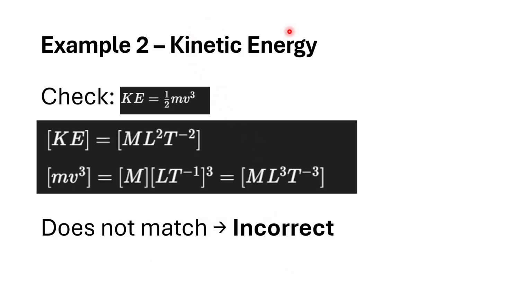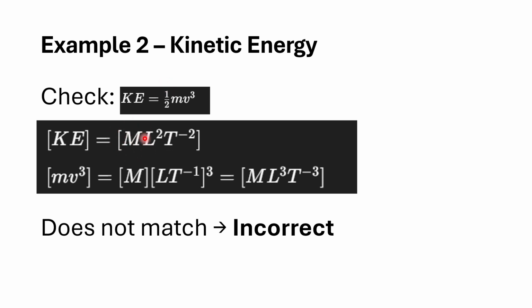In the second example, we have kinetic energy. Check whether KE, kinetic energy, is equal to half mv cube. Yes, it should be the square, but we will just check whether these two expressions are equal or not. Let's take it as an example. Kinetic energy is 1 by 2 mv square. 1 by 2 is ignored.